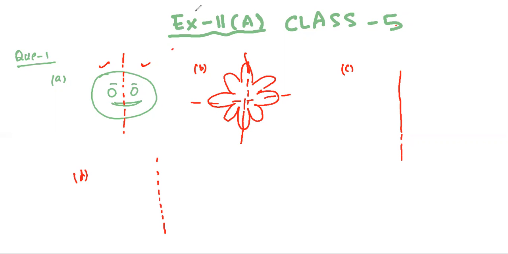Now question 2 says, write any 5 letters of the English alphabet that have reflection symmetry. Reflection symmetry means where we can draw the line of symmetry. If we talk about A, A is a letter which has reflection symmetry. Then B also has reflection symmetry. C also has.